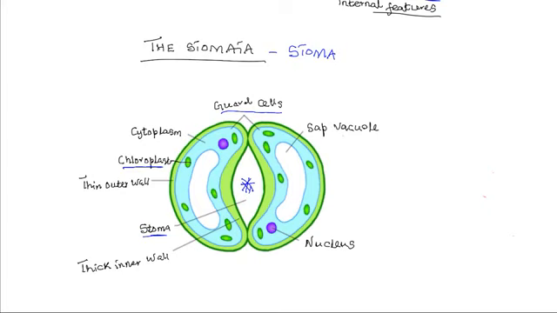And thirdly, if you look at the walls, the inner wall and the outer, they have different thickness. This difference in thickness ensures that when these cells become turgid, they tend to bulge outward, away from each other, and in the process create the stoma.